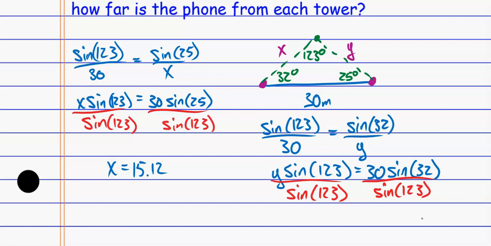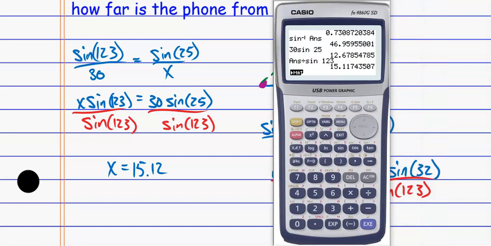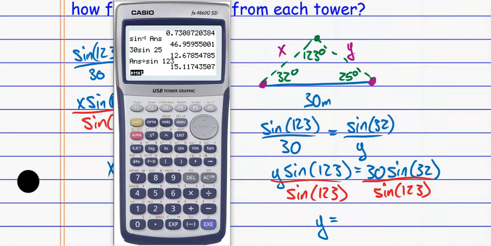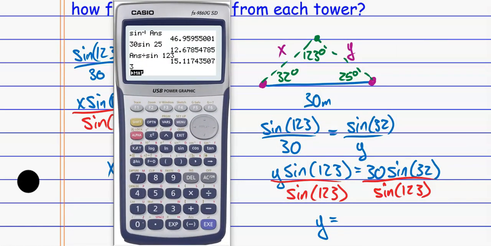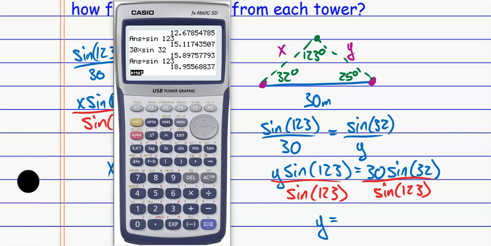I just changed that to 30 times the sine of 32, okay? Because it's the same process each time. So if you want to take a little bit of a shortcut there, especially when you're doing a couple of these for one triangle, it's pretty easy to do that. And so I get 18.96.